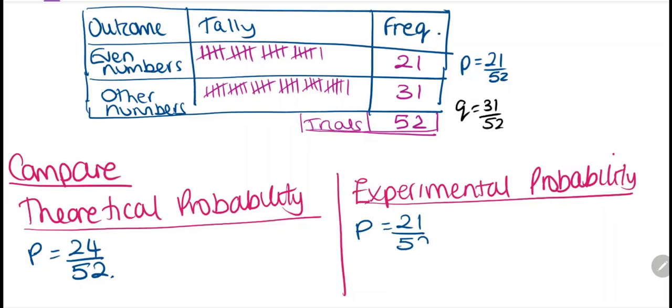So q was 28 over 52, and q was 31 over 52.